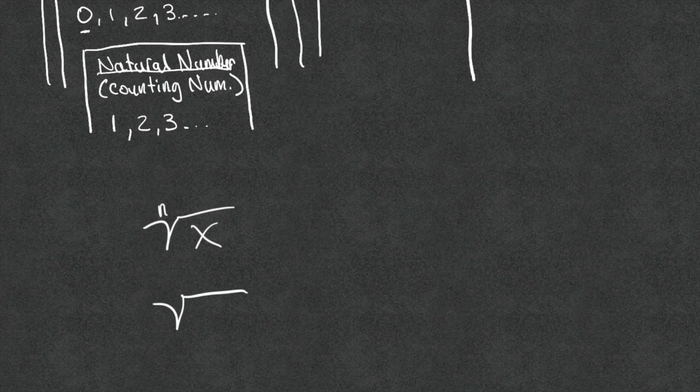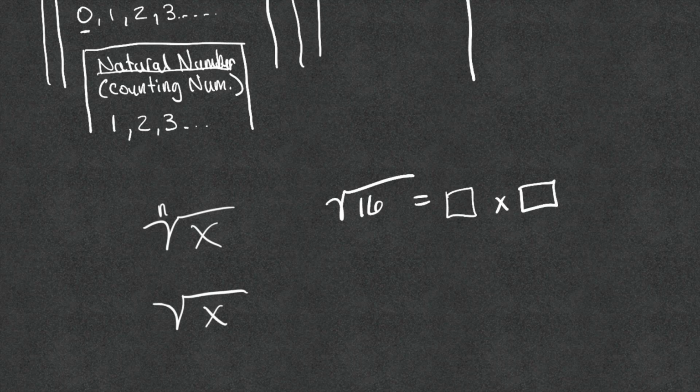We usually don't write a 2, but if the radical's there by itself, then we know that it is the square root, or the second root of x. On a practical note, if we have something that looks like this, then we're asking ourselves what number times that very same number gives us 16.